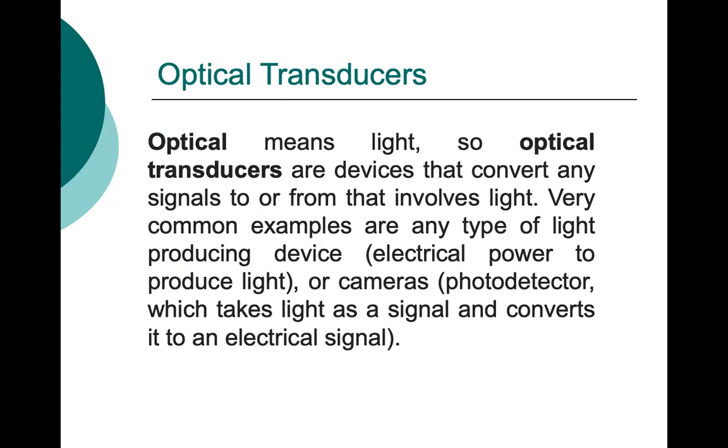Okay, so by observing the changes of characteristic of light, as I mentioned just now, it might be color, it might be wavelength, it might be refractive index. So those changes can give us information on the analyte that we are measuring. Okay, so this is the basic of optical transducers.